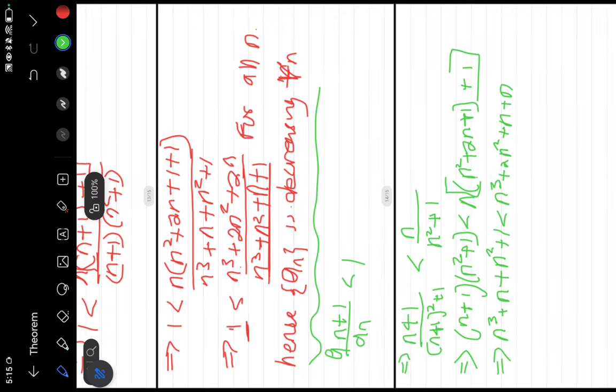You agree, right? So if I take n to the third to the other side, this would cancel this.